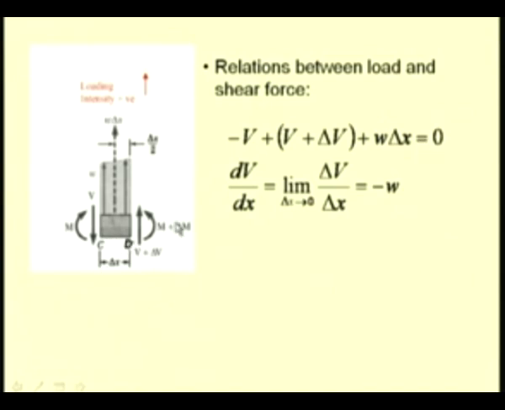In the limit we get dV by dx as minus W.